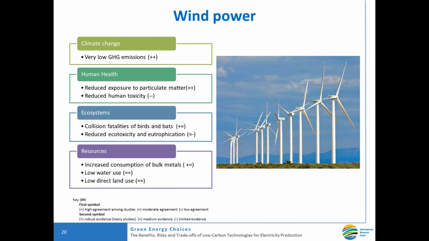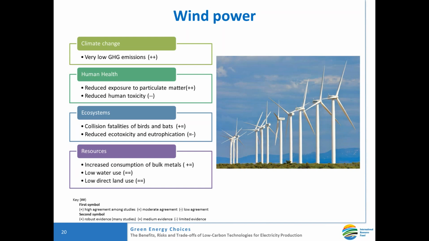Now, we've tried to investigate further how important those fatalities are, and we have found that there is active work going on reducing those fatalities, either through the operations of the power plants, where birds are detected by radars and power plants are slowed down to avoid collisions, or through the proper siting of wind power parks in the future.